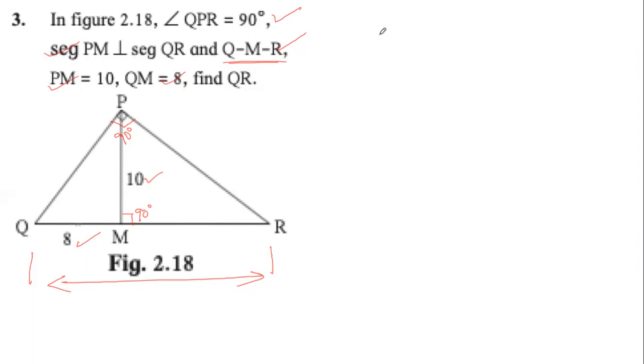Here also you will use maybe the theorem of geometric mean, maybe you will use something else. I'm trying to confuse you. This will be a 2-step answer. First, you will find out RM or MR, then you will find QR. With these hints, try to do the calculations on your own in the notebook and share the correct answer with everyone in the chat.